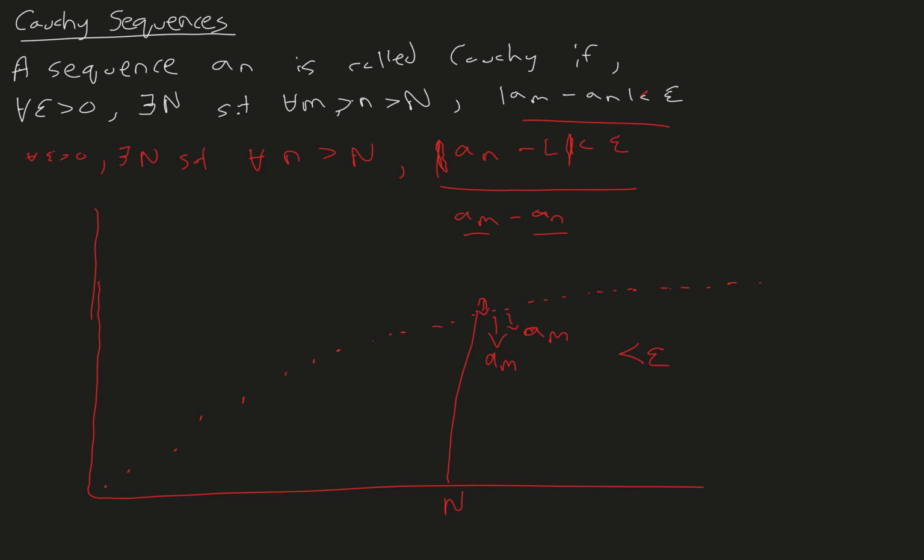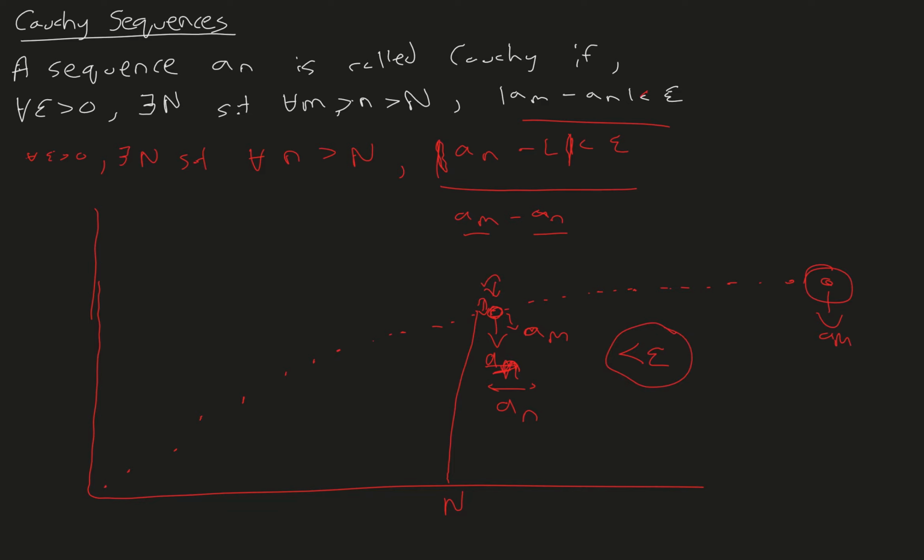And this doesn't only matter for consecutive terms, it's for all terms after N. So if we choose this term right here as a_m, and this term right here as a_n, the vertical distance between them should be less than epsilon.